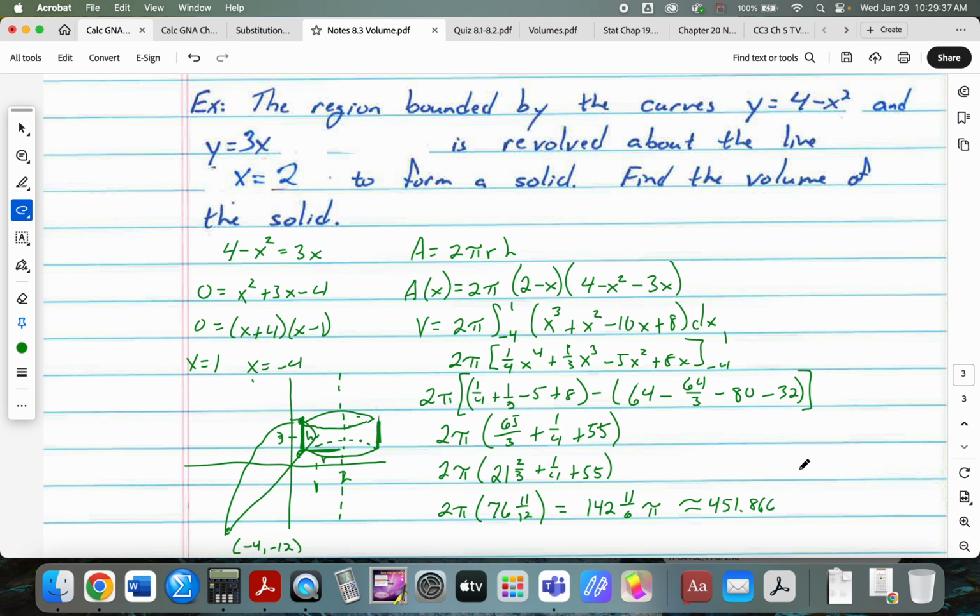And then let's see, 2 pi times the integral from -4 to 1 of 2 minus x times the quantity 4 minus x squared minus 3x, with respect to the variable x.